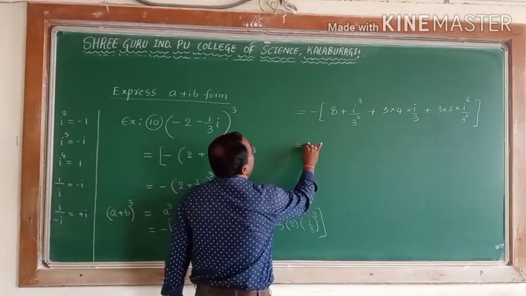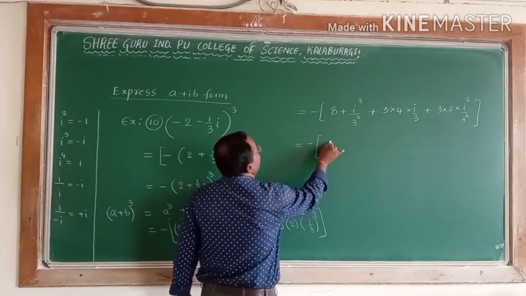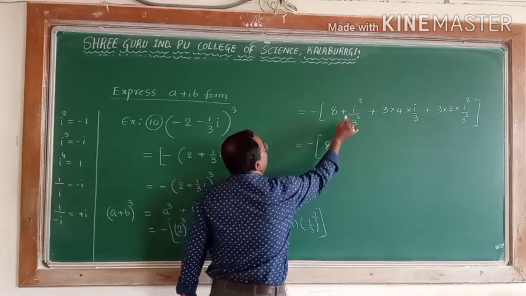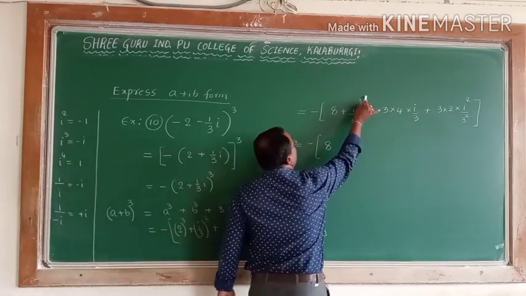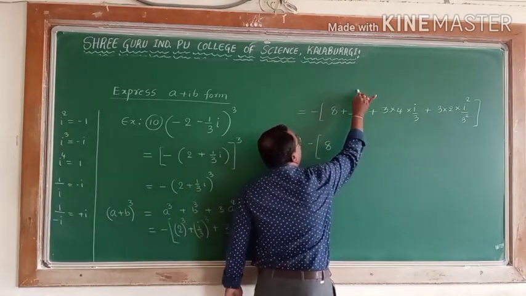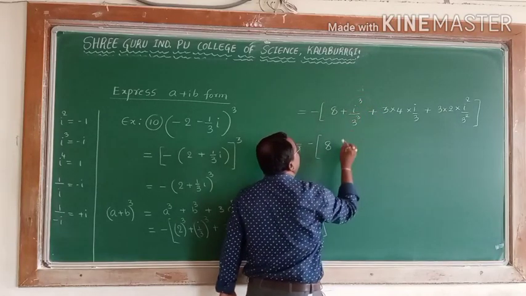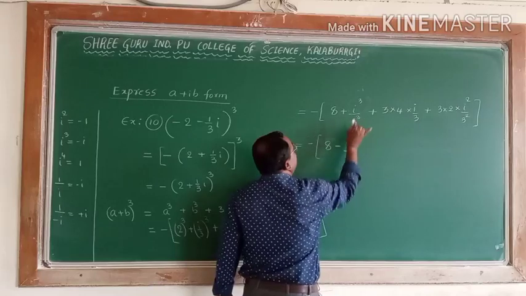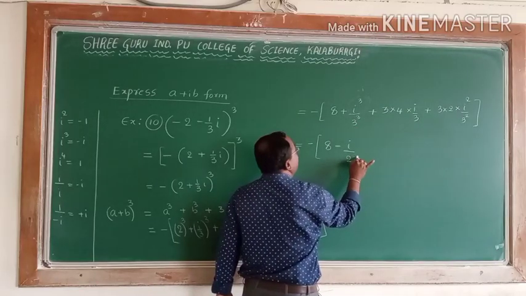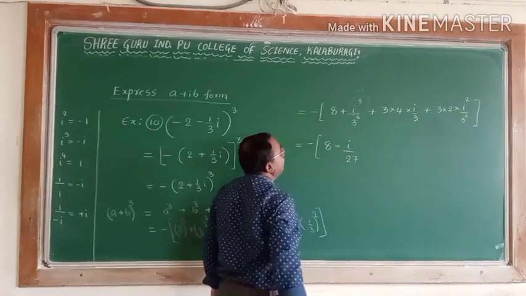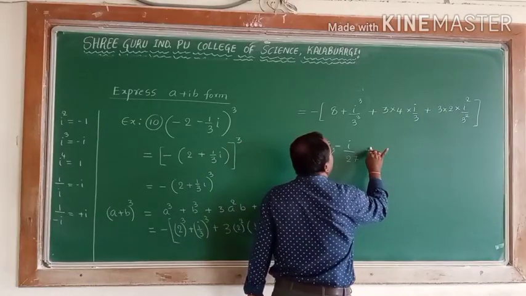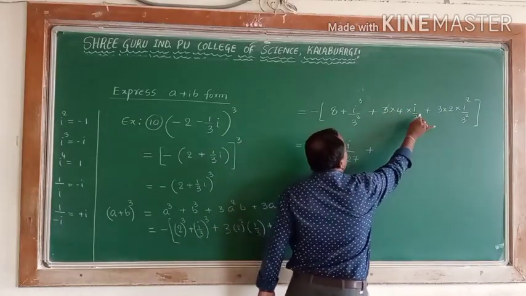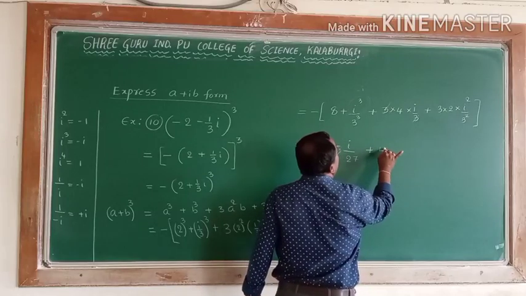Is equal to minus, as it is, 8. i cube value is what? Minus i. i cube value is minus i. 3 power 3 is 27, 3 cube is 3 into 3 into 3, plus 3 gets cancelled, 4i.